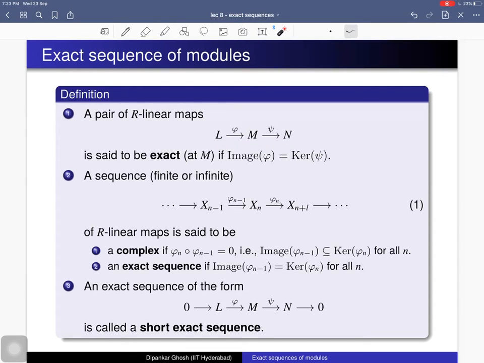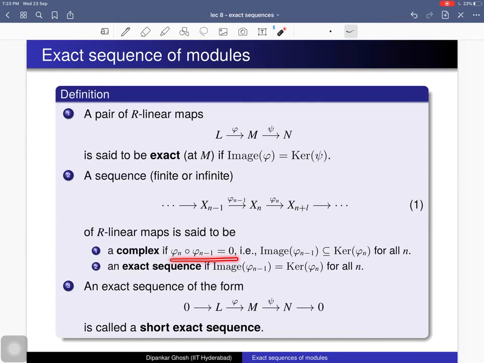This sequence can be finite or infinite. Here you consider a sequence that is indexed by integers, where the indices are increasing. This kind of sequence we call a complex if the composition of any two successive maps is 0. So, first you take this map and then compose it with this phi n, and you get 0.